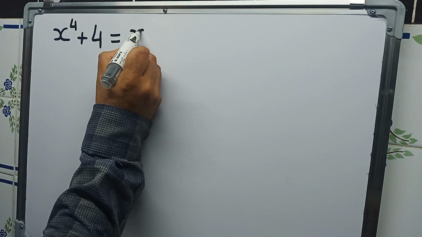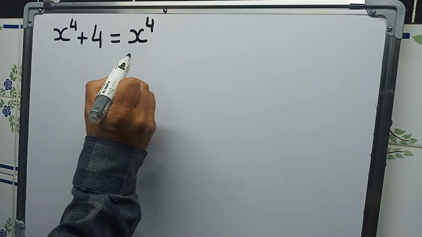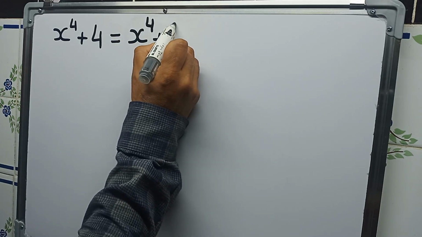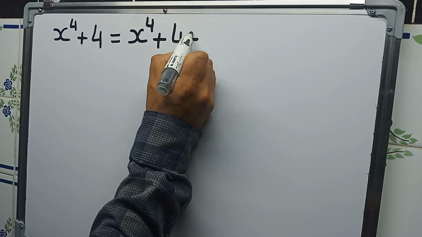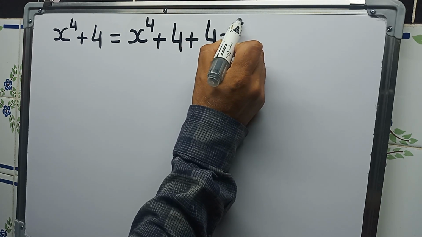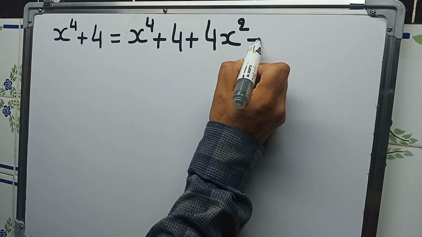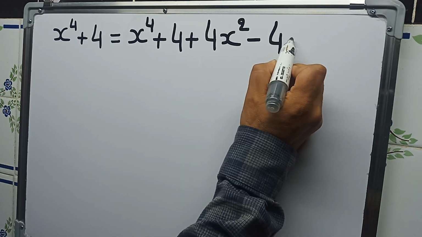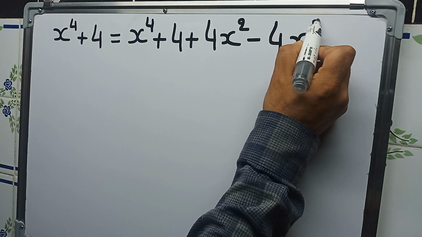So x to the power of 4 plus 4, we add 4x squared to complete the square, and of course we subtract 4x squared.